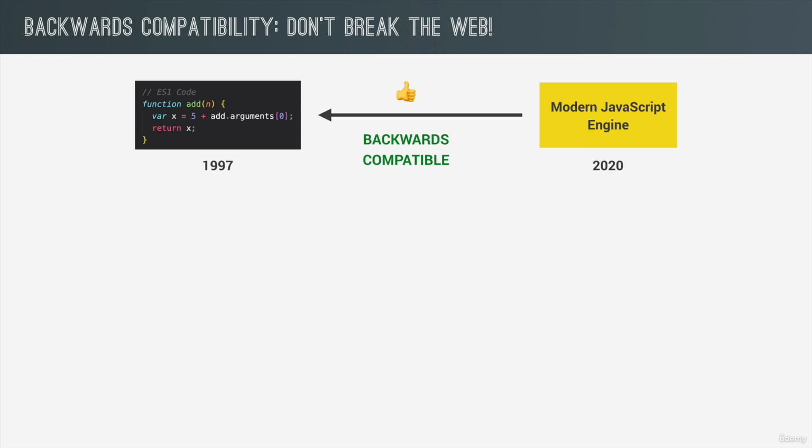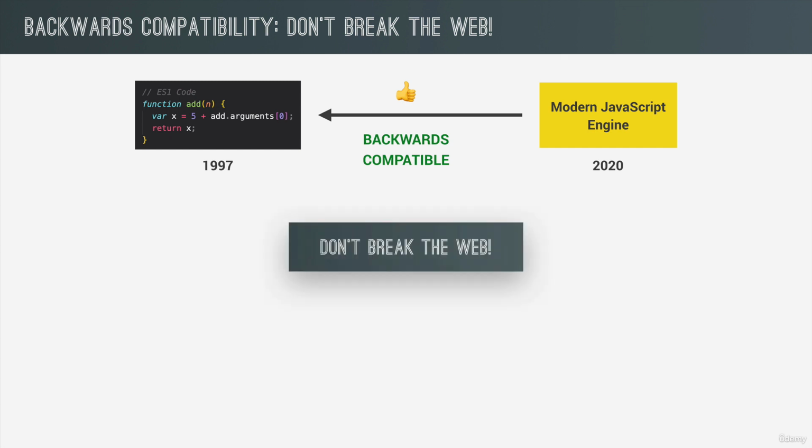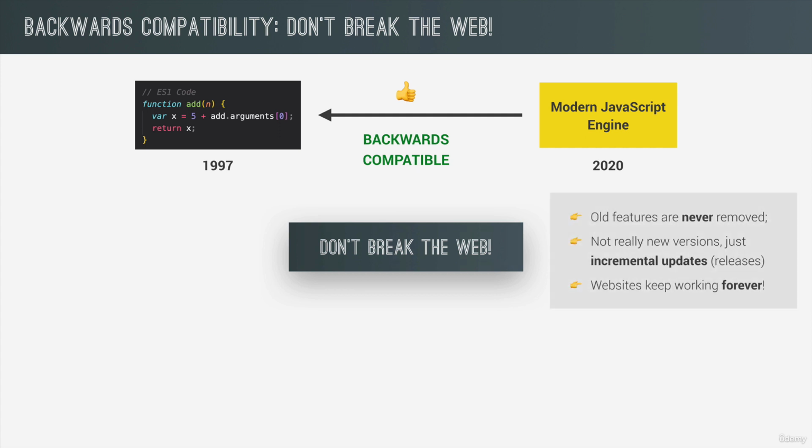So again, the JavaScript engine that's in our browsers today is able to understand old code written 25 years ago without having to rely on version numbers or anything like that. It just works. And it works this way because of the fundamental principle that's baked into the JavaScript language and its development, which is to not break the web.